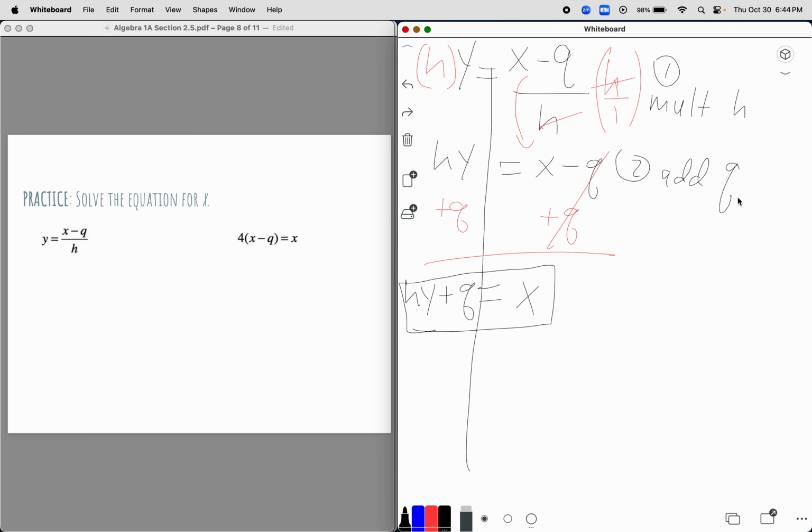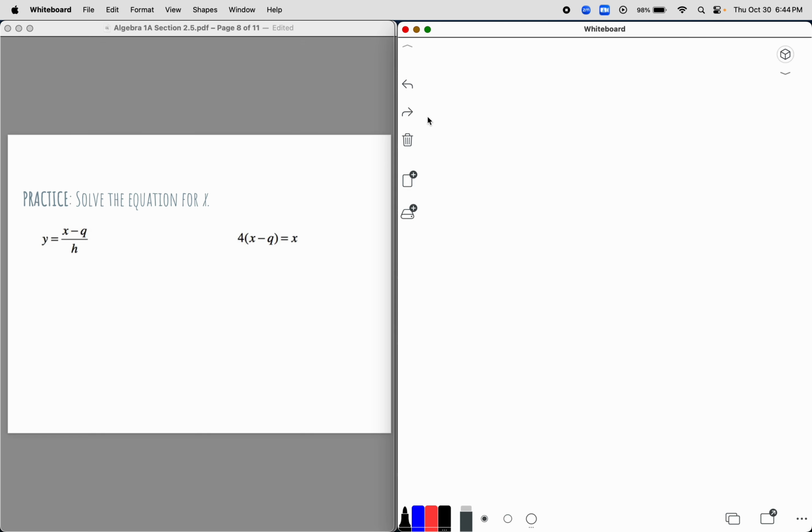The next example that we have is 4 times x minus q is equal to x. We have this thing in parentheses. We want to get rid of the parentheses.